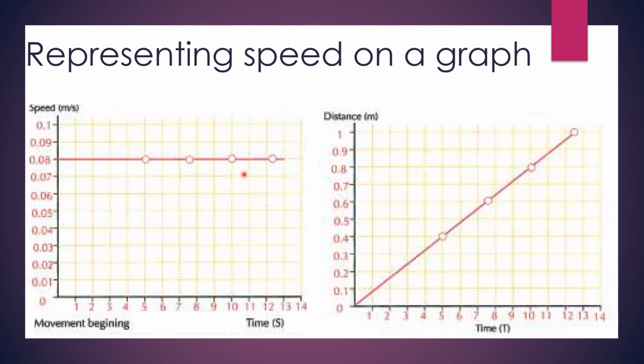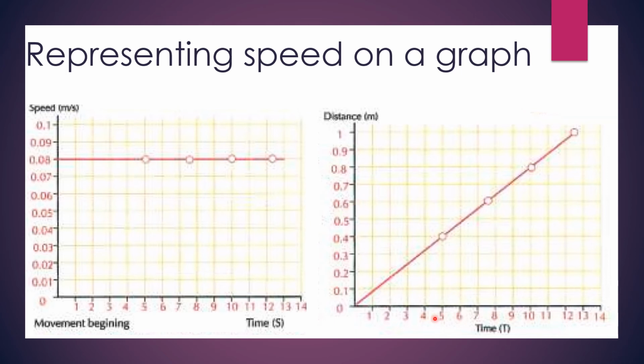Although these two are represented by straight lines, the straight lines here are different. For example, this is a straight line that's parallel to the x-axis, but this one is a straight line that's coming from the origin point. If we try to calculate at any point of these, we will get the same result, which is 0.08.